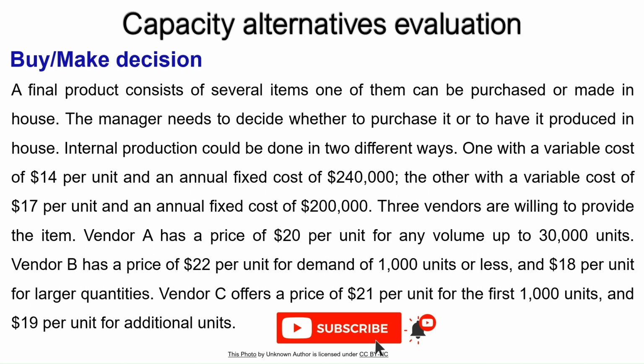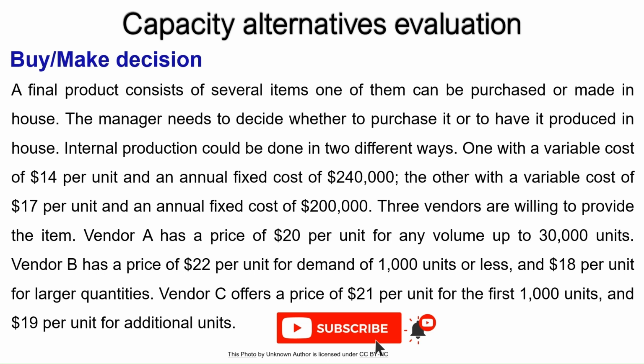Vendor A has a price of $20 per unit for any volume of up to 30,000 units. Vendor B has a price of $22 per unit for a demand of 1,000 units or less and $18 per unit for larger quantities. Vendor C offers a price of $21 per unit for the first 1,000 units and $19 per unit for additional units.